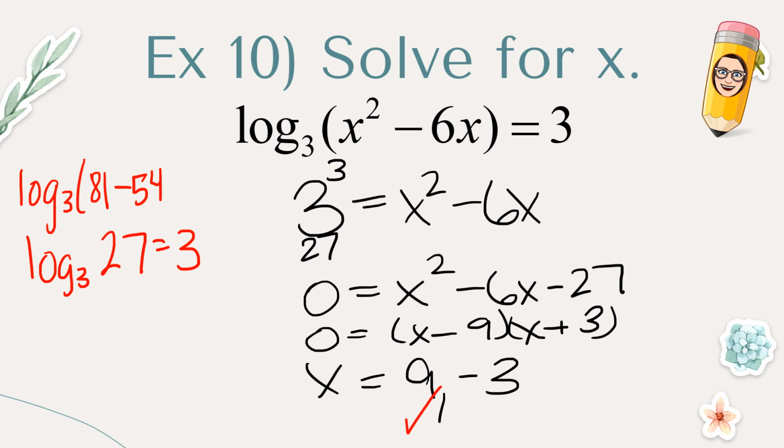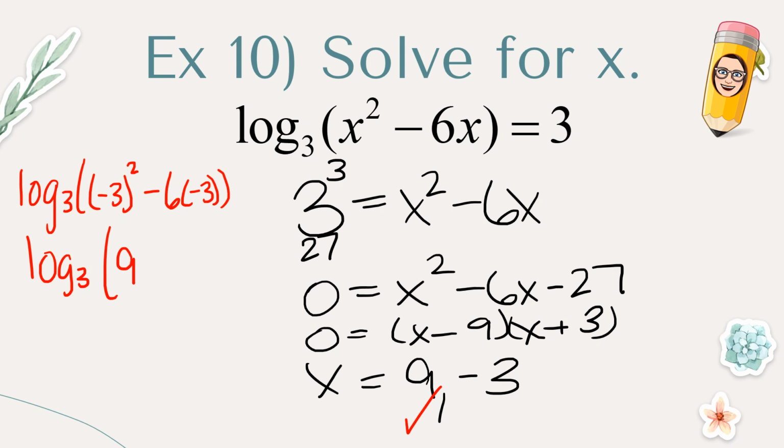Okay. Let's also check negative 3. Okay. The quantity negative 3 squared minus 6 times negative 3. Negative 3 squared is positive 9. Negative 6 times negative 3 is positive 12.